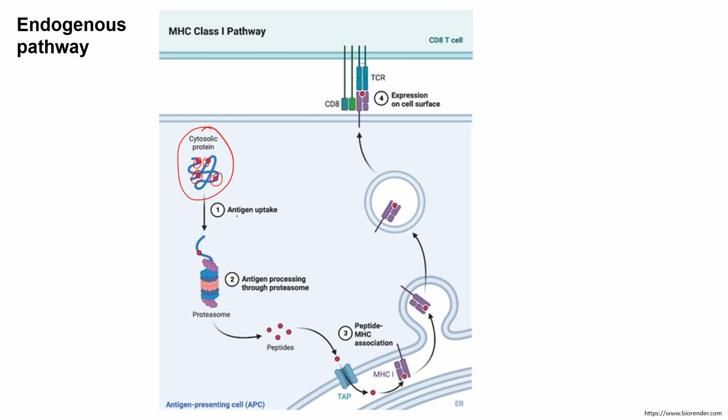These are taken up by the cell through multiple pathways, and these antigens are then processed through the proteasome. The proteasome is a structure in the cytoplasm that is known to degrade larger protein fragments into smaller fragments.